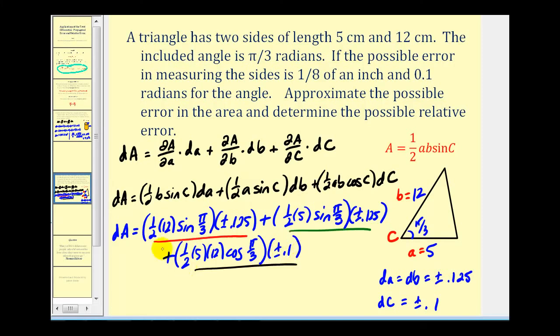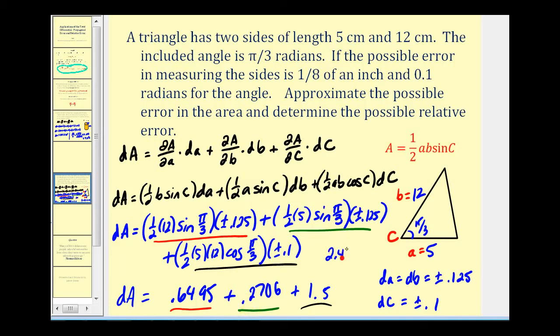And again, to save some time, I've already determined these values. So the possible error in measuring the area came out to approximately 2.4201, and this would be square inches.